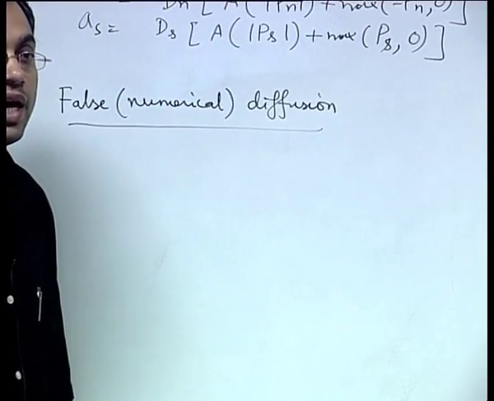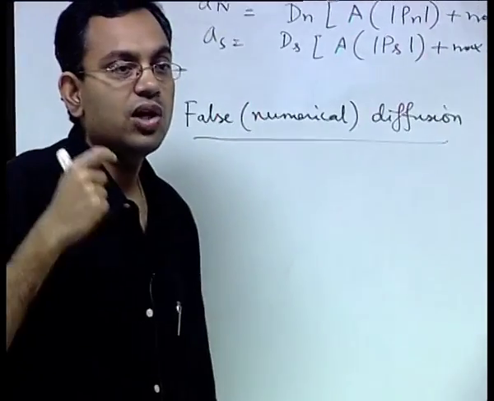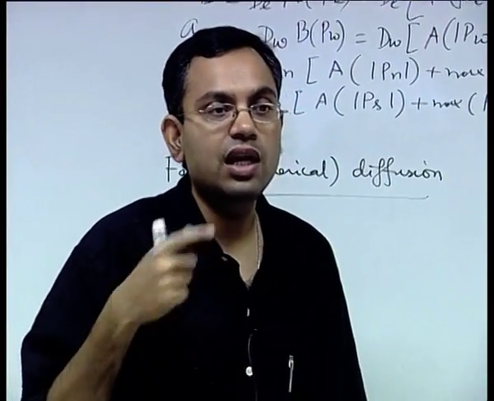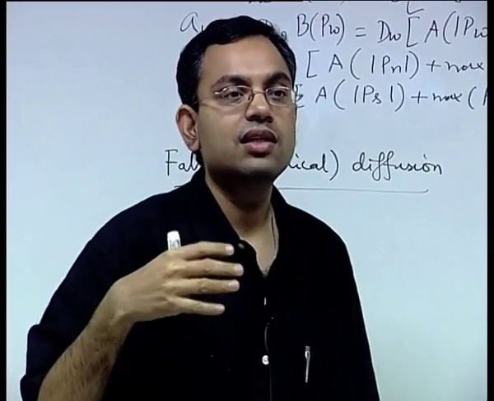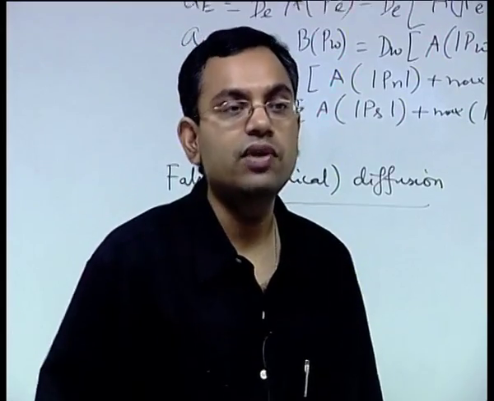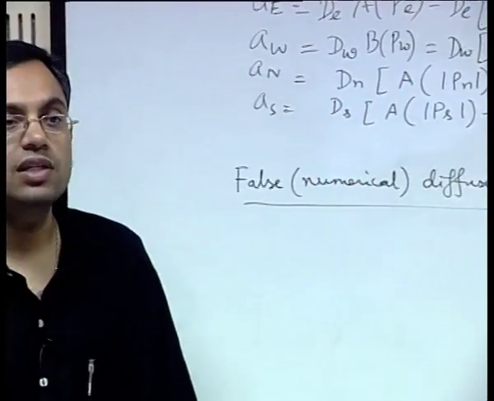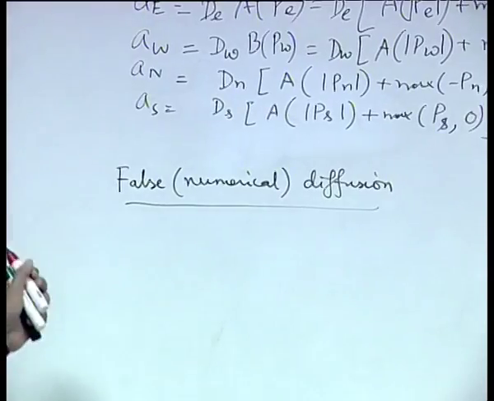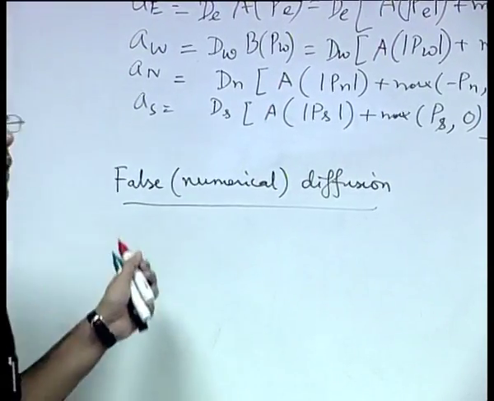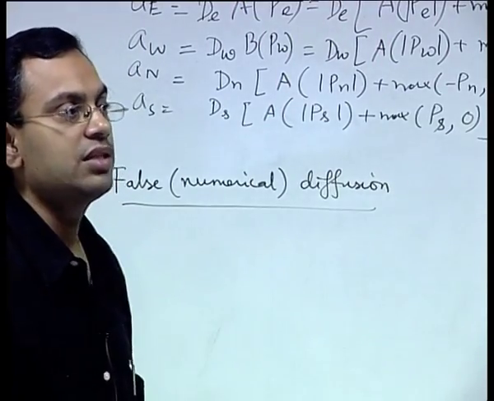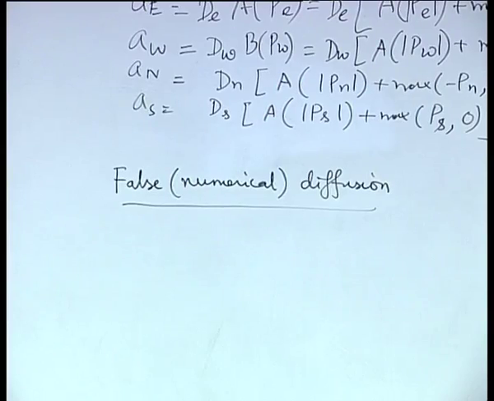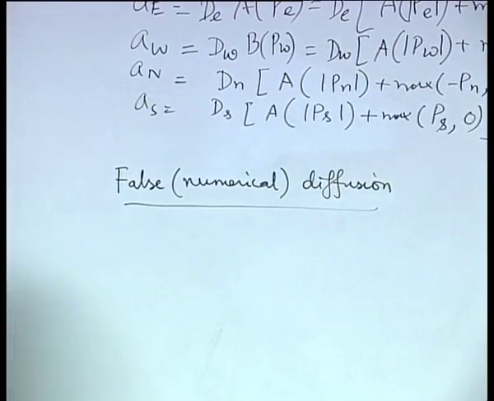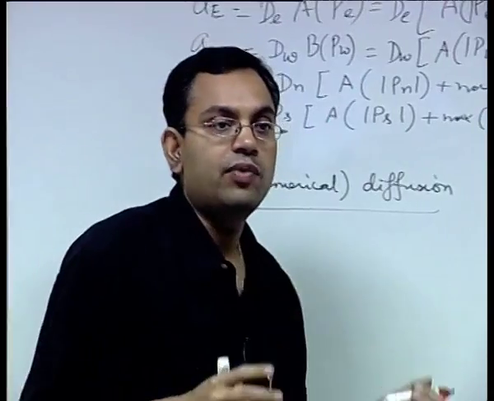So, it is an extra diffusion which can be thought of as originating from a numerical artifact, that is, because of numerical errors, or a false quantification of an additional amount of diffusion where that diffusion is physically not there. If that kind of situation arises, then it is considered that the particular scheme has a problem with false diffusion. Now, how do we address the issue of false diffusion, or what is the correct view, what is the incorrect view? There is a bit of a historical perspective about it.